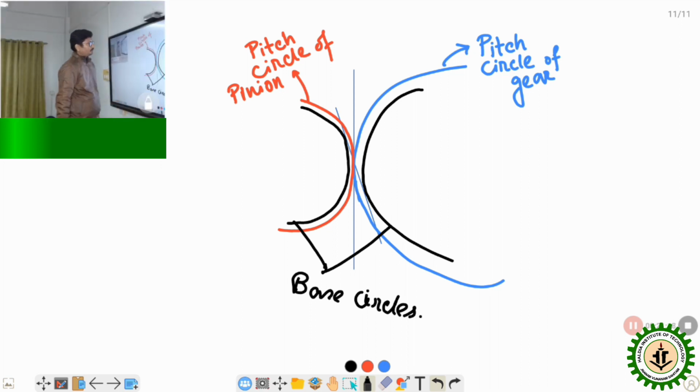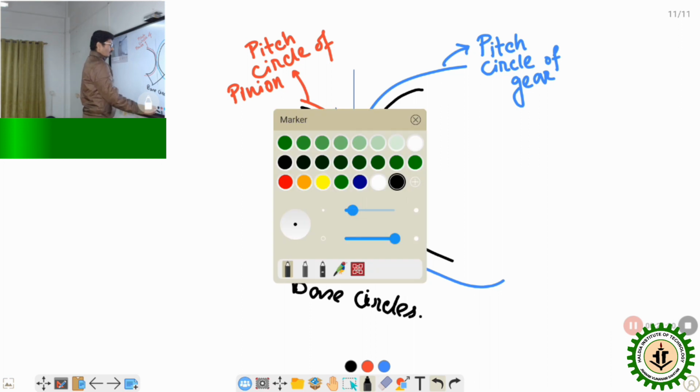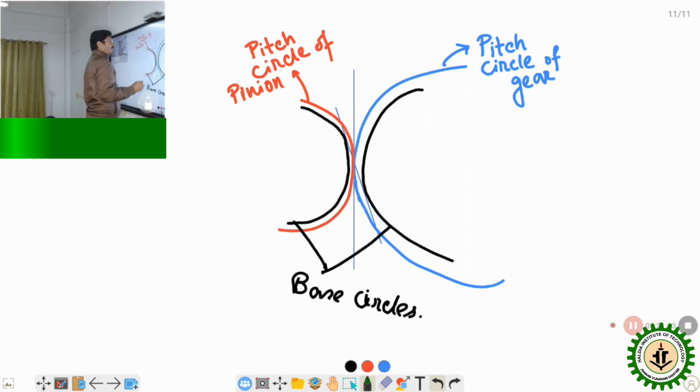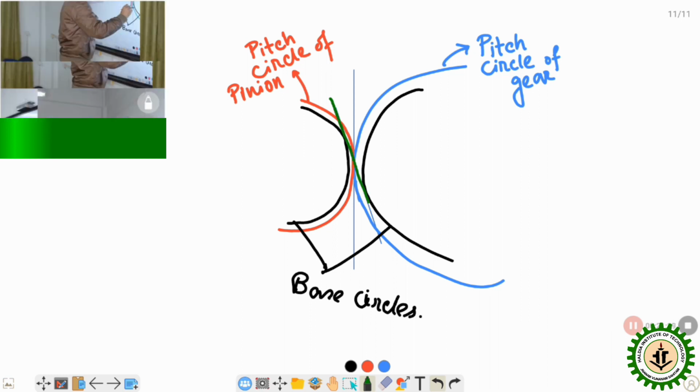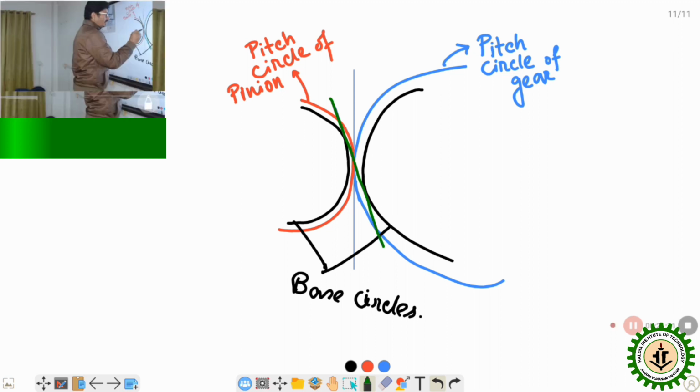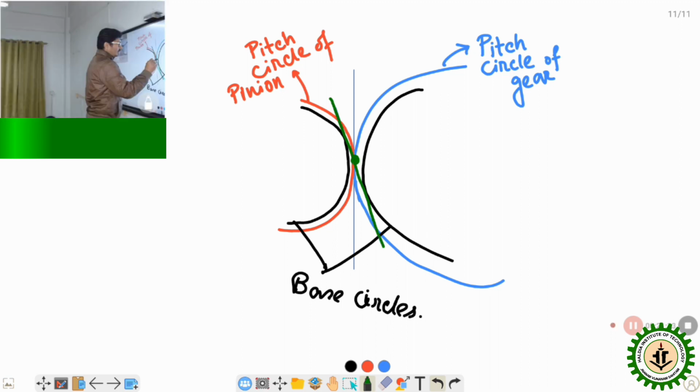Now, if I draw a common tangent to the base circle of the pinion and the base circle of the gear, passing through the pitch point, this point is known as the pitch point.